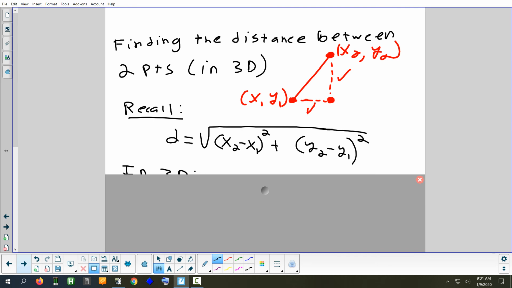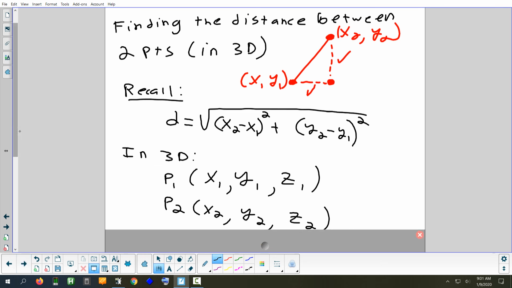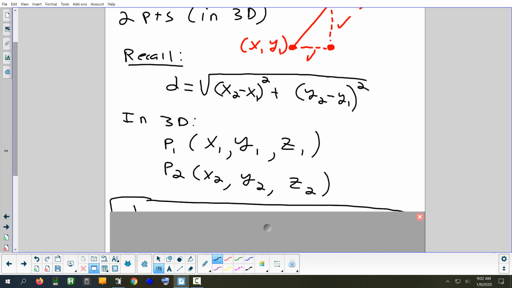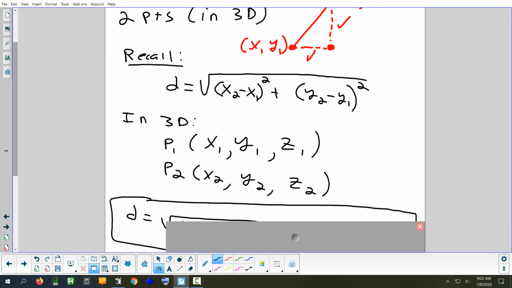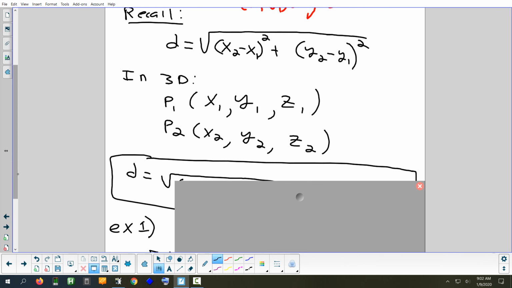Now, when we extend it to 3D, instead of the coordinate just having an x1 and a y1 and an x2 and a y2, we're going to have a z on it. So we have a direction on the x, a direction on the y, and a direction on the z. The formula we're going to use is pretty much the same thing. We just have to add something onto the end of it to do it in 3D.